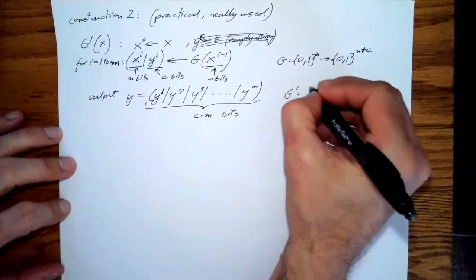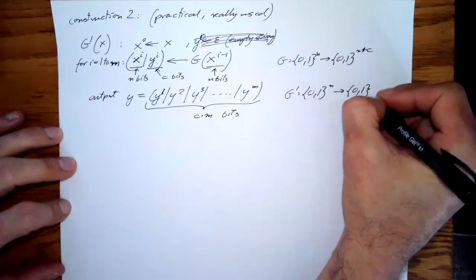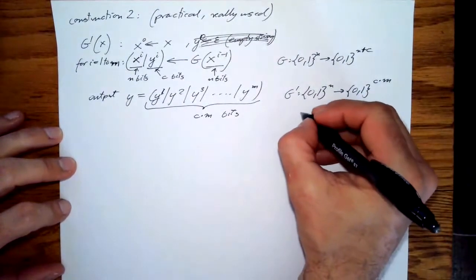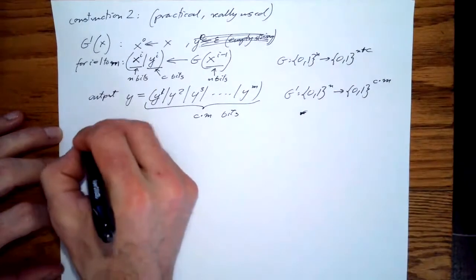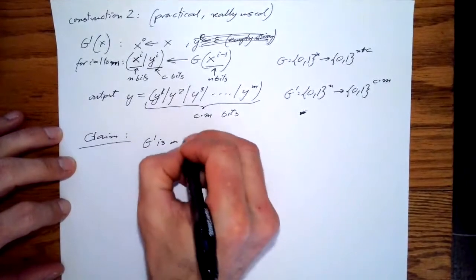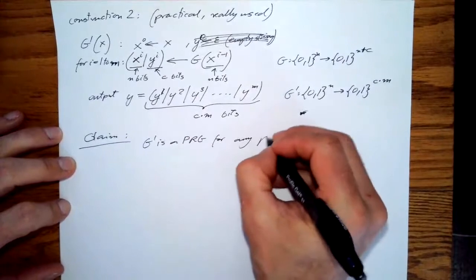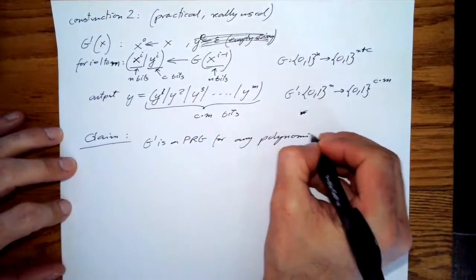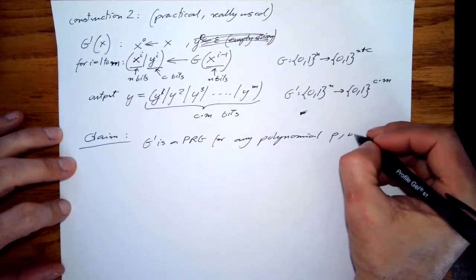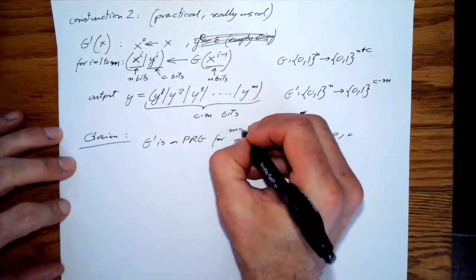So G prime takes an n-bit string and outputs a c times m bit string, and the claim is G prime is a PRG for any polynomial p, for m equal p of n.